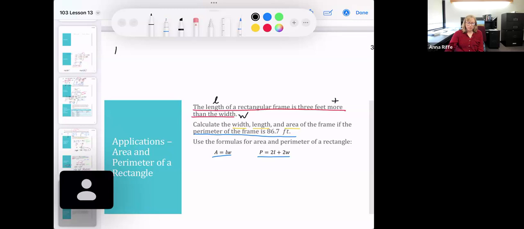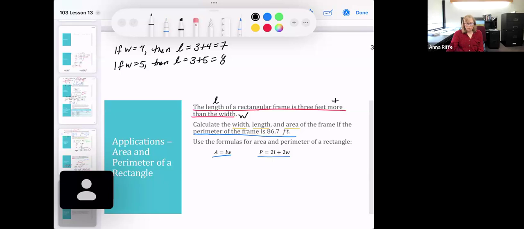For example, if the width is, say, 4 feet, then we're told that the length is 3 feet more, or 7 feet. If the width is, say, 5 feet, then the length L is, again, 3 feet more than that, that's what that sentence tells us, or 8 feet.